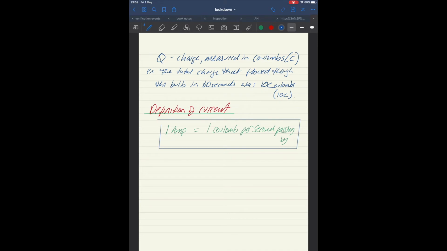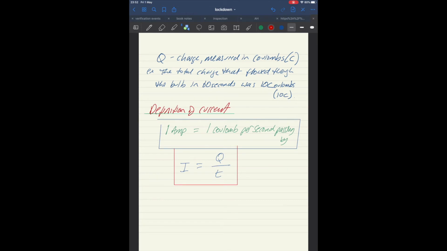Now what that means is, if I write it as an equation, where per means a forward slash, current is the total charge over time. I've jumped a wee bit ahead there, I'd probably take more time over it if we're in class, but that's the basic equation.